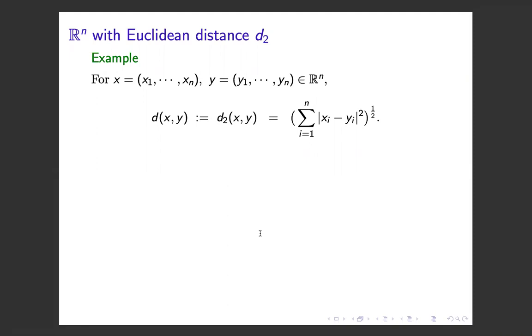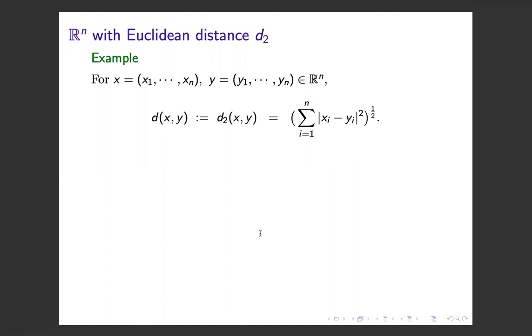That is the usual notion of the length of the vector y minus x, or x minus y, that you have in R2, for example. So the 2 here signifies the 2 occurring on the right hand side, and also the square root, that is, the power 1 over 2.